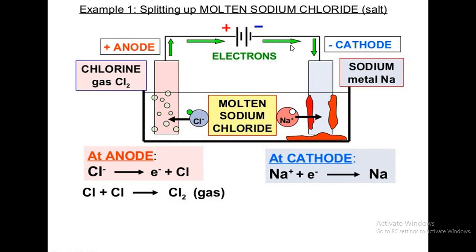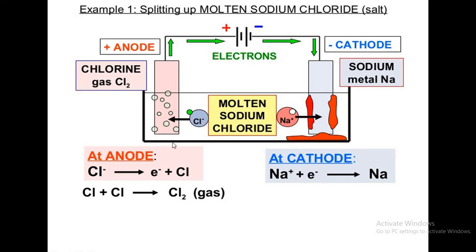Moving to the next example, sodium chloride, which in molten form ionizes to give chloride and sodium ions. Again the same is happening. The chloride ion goes to the anode and loses an electron, forming a chlorine atom. This combines with another chlorine atom to form chlorine gas.